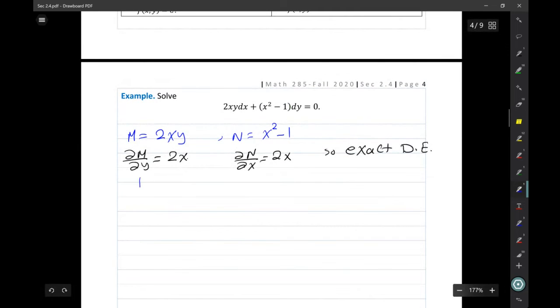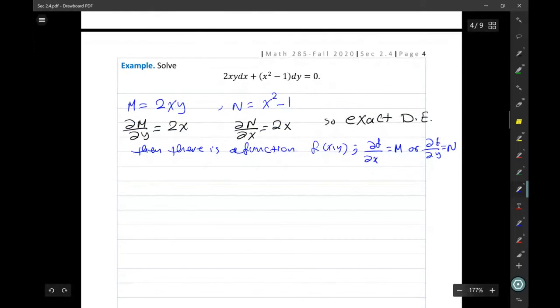Since it is exact, I have to say that there is a function f of x, y such that partial df by dx is equal to M or df by dy is equal to N. Now, let us start from method number 1.